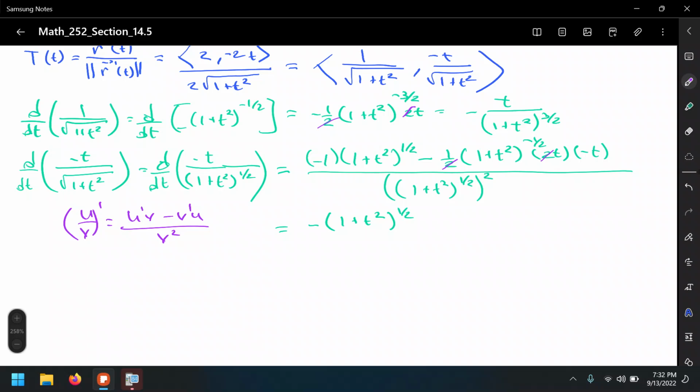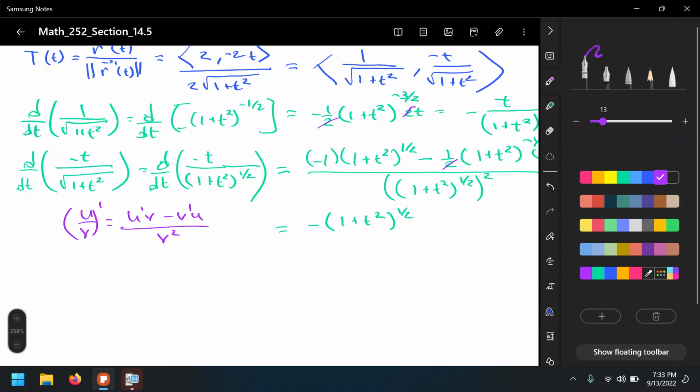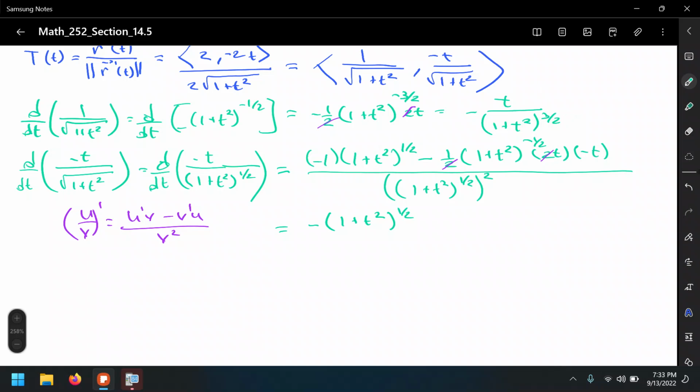Cancel the 2, and negative times a negative becomes positive. And we also have the product of two t's right here, which will be t squared, plus t squared, and that's 1 plus t squared to the 1/2, negative 1/2. The whole thing divided. How about cancel this half with this square? All right, that's just going to be 1 plus t squared.